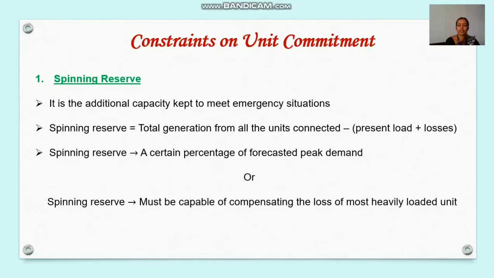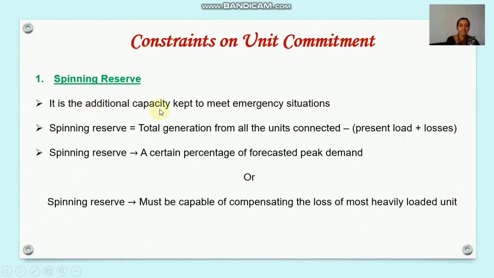A sudden load increase occurs, or one of the units that was supplying goes off due to a fault. Now what happens? There is a deficiency of power and we have to meet this power deficiency. So for that we have to keep some additional power and this power is known as spinning reserve.